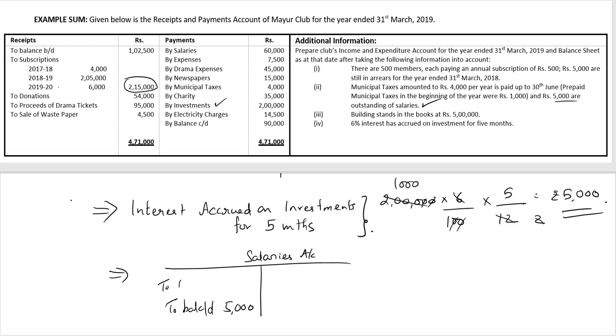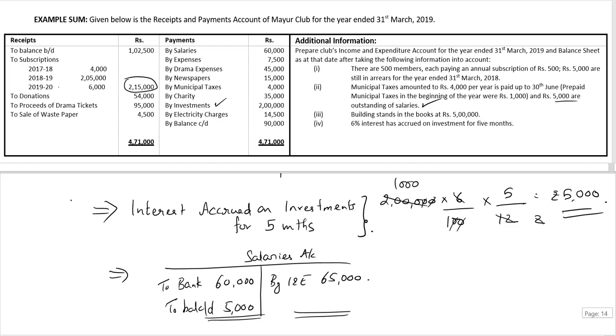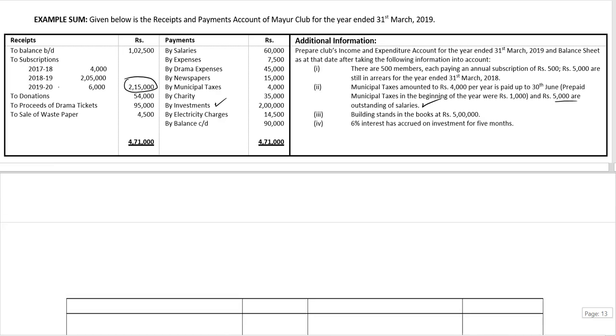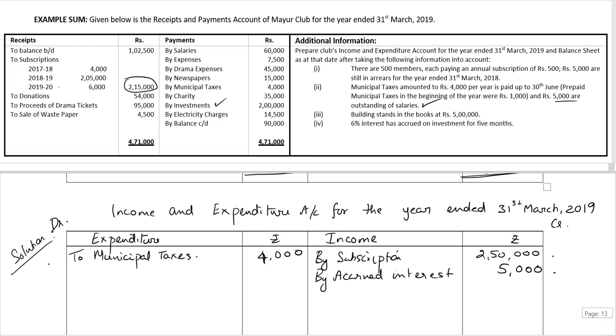The amount paid in the current accounting period to bank account 60,000 rupees, and therefore the amount to be taken to the expenditure side of the income and expenditure account, 65,000 rupees. To salaries, 65,000 rupees.